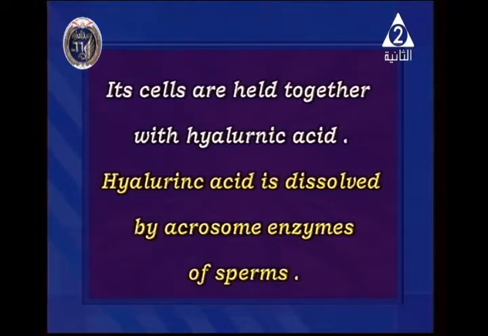Yes, by the acrosome enzymes of sperms. So the main function of the hyaluronic acid in the female is to cover and protect the ovum inside it. On the other side, we need an enzyme to dissolve it. Where can we get the enzyme? The enzyme is found in the acrosome of the sperms.